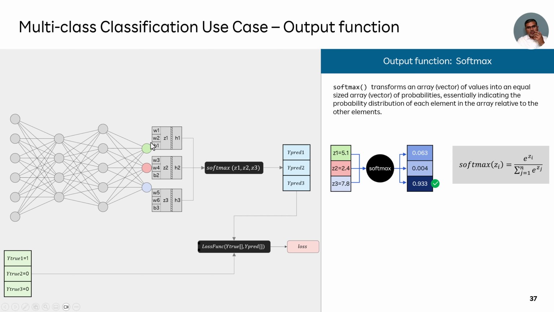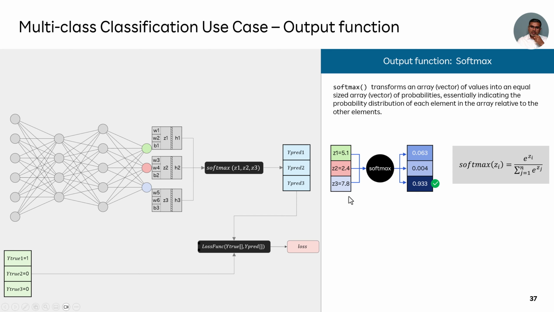And the output layer is basically, again, a bunch of numbers, right? You're essentially calculating Z1, Z2, and Z3, which are your logits here for each of these output neurons. So 5.1 for the first neuron in the output layer, 2.4 for the second neuron, and 7.8 in the third neuron in the output layer.